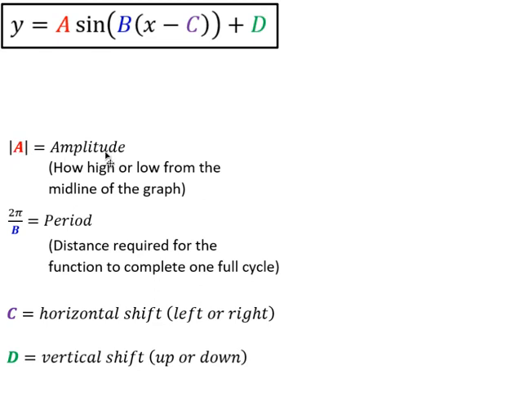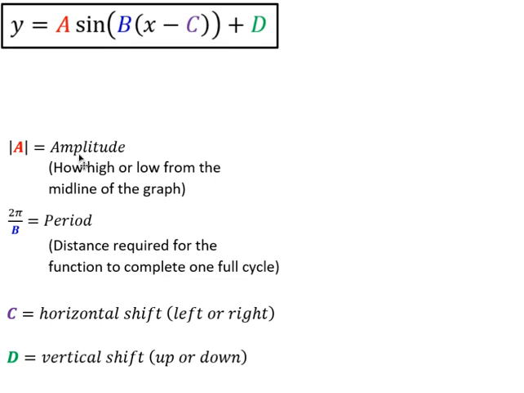Just like our regular transformations, if A is negative, it's just going to flip it across the x-axis and be inverted. It's not often you find that, but you can. It's not impossible. Most of the ones we're going to deal with today will not have that negative, though.